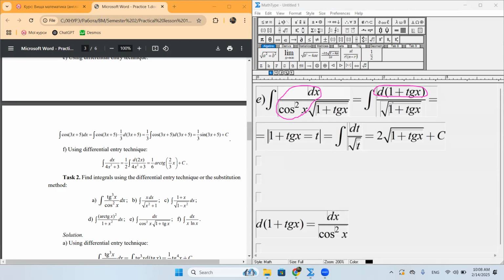Yes, I understand, and I forgot this rule that the sign of integral can cancel with this d. So you just forgot how to differentiate, yeah?